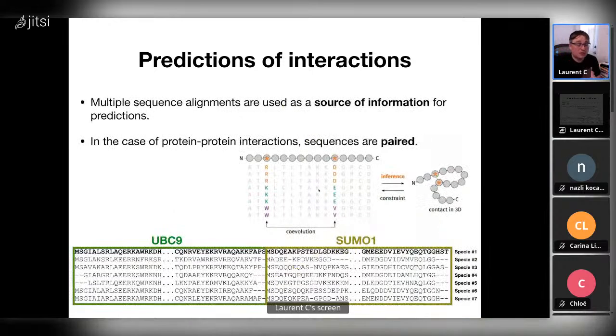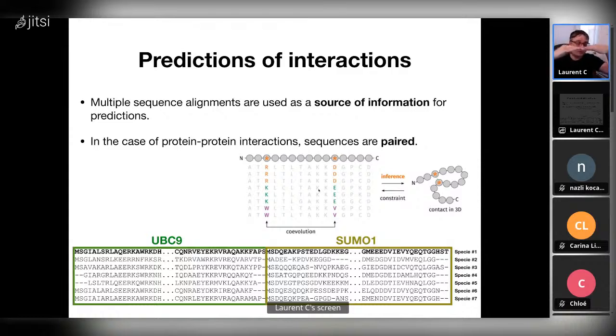So what do you do to generate those structures of protein complexes? In fact, what AlphaFold will do is it will pair your protein sequences. So you will have one protein, and immediately after that you will have your second protein.